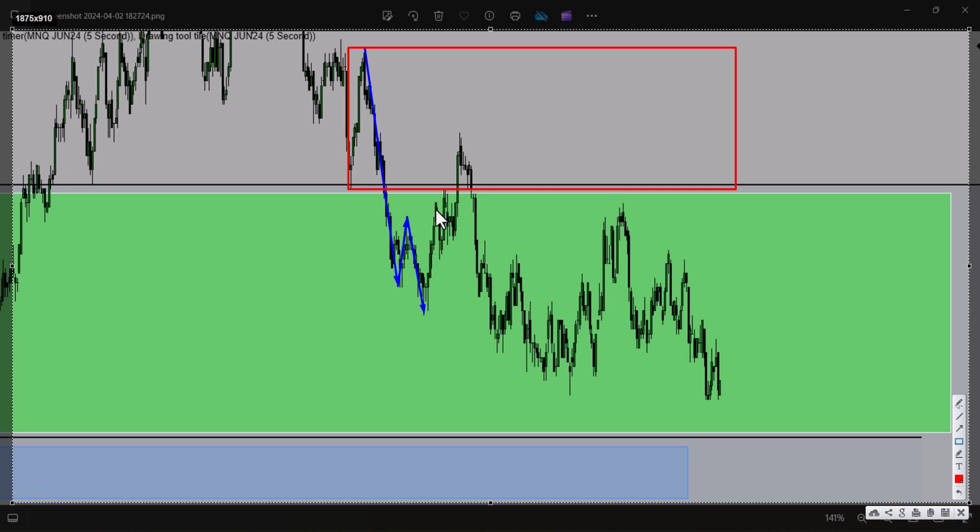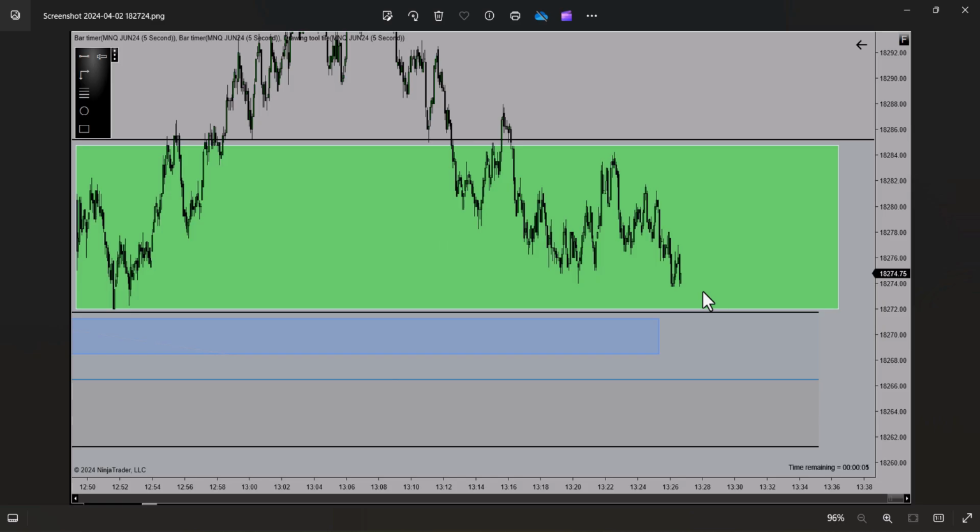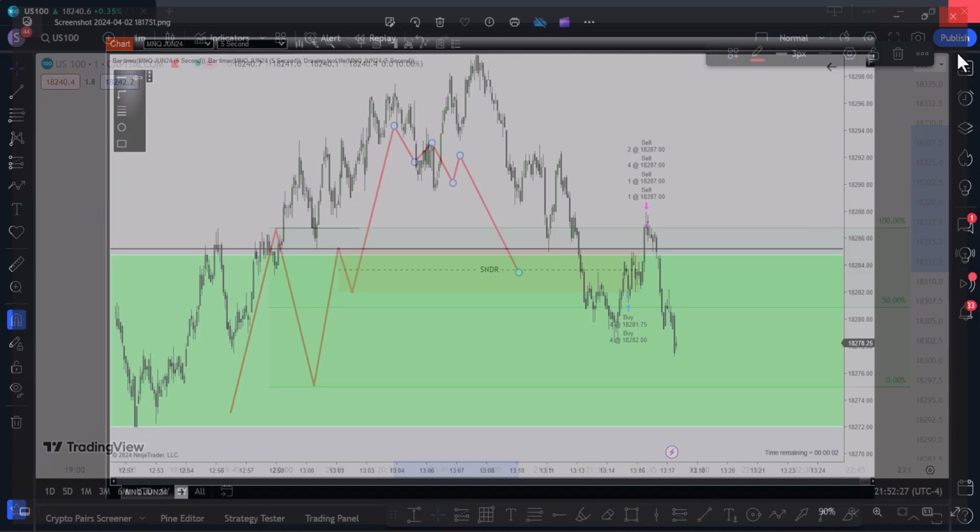So price gave us an immediate retracement, and I took my trade from here, and my TP was the zone, but not here. Here, when we broke this high, the zone had already been mitigated with this high. So there is no point in taking a trade from here. And as you can see, price continued lower. Let me take a look at another example.